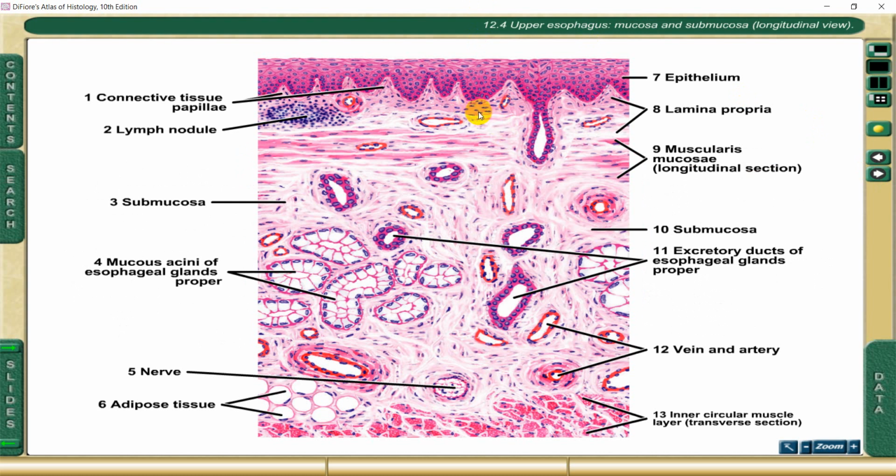The lamina propria is loose connective tissue with blood vessels, lymph node with lymphocytes, and the structure duct of the gland.